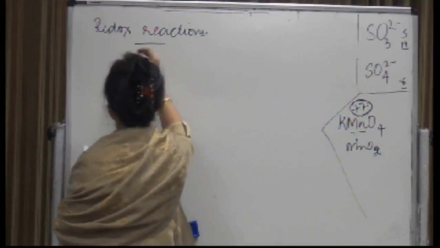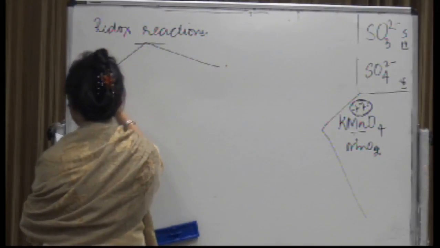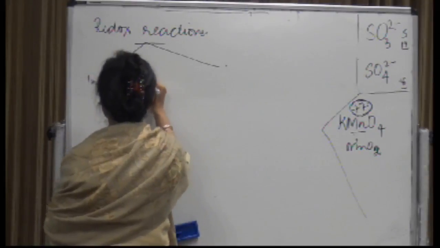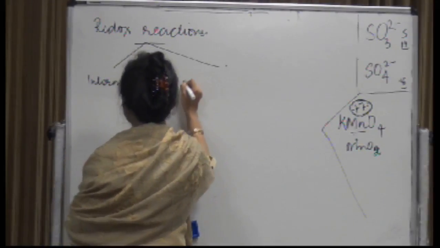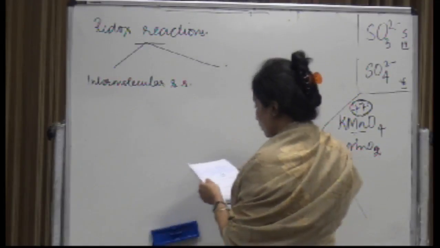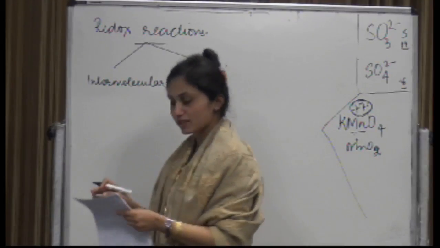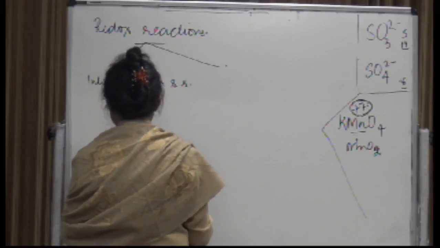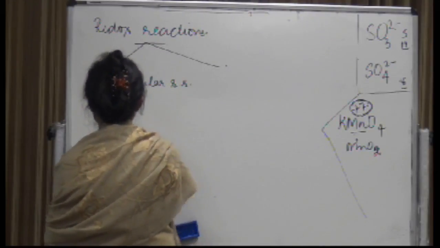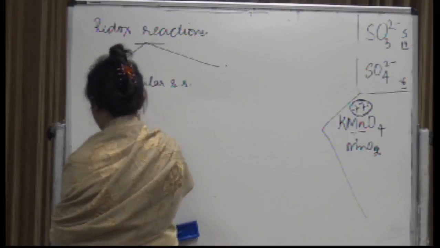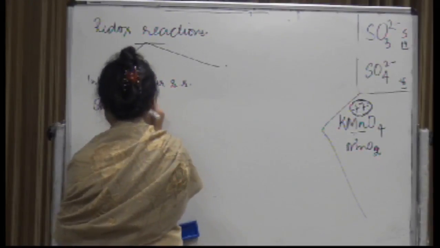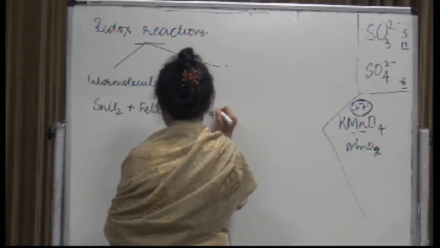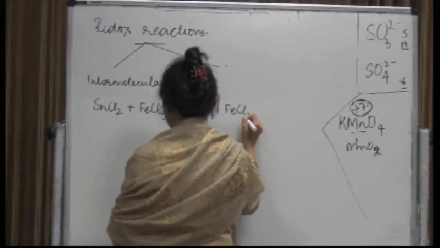Different types of redox reactions can be, one can be intermolecular redox reactions. In intermolecular redox reactions, what happens in this case, oxidation and reduction is taking place separately in two compounds, like SnCl2 plus FeCl3 is giving SnCl4 plus FeCl2.